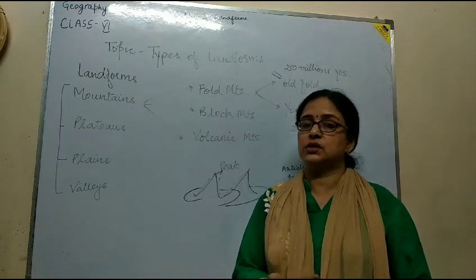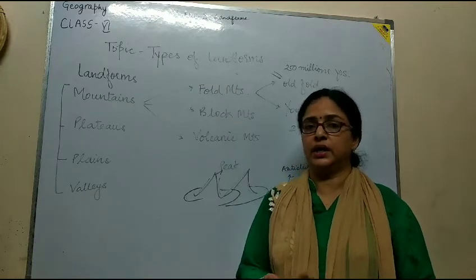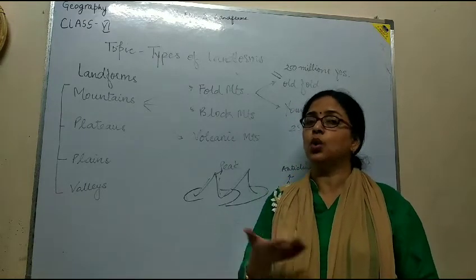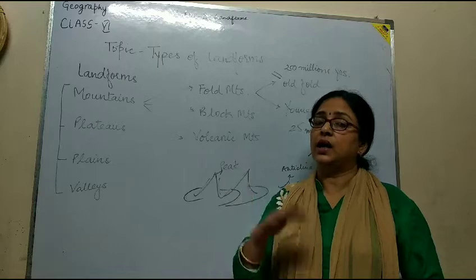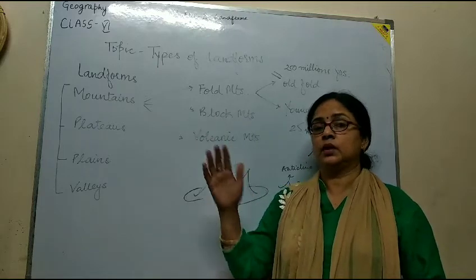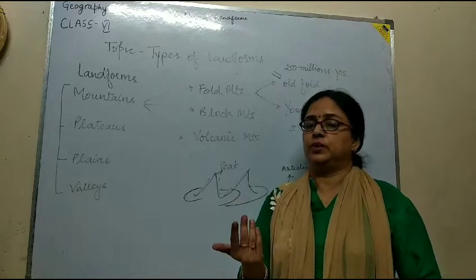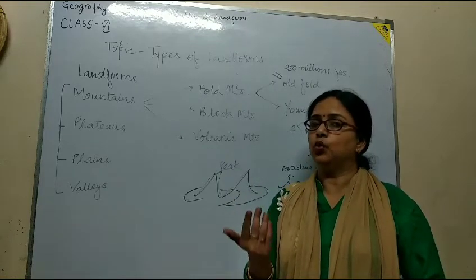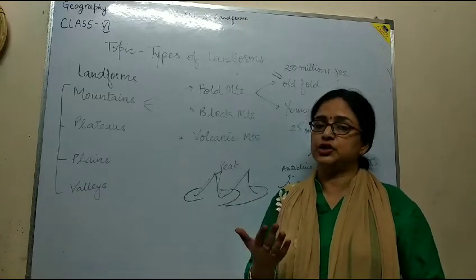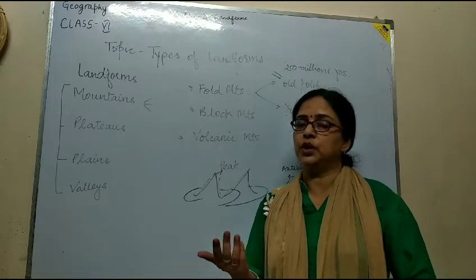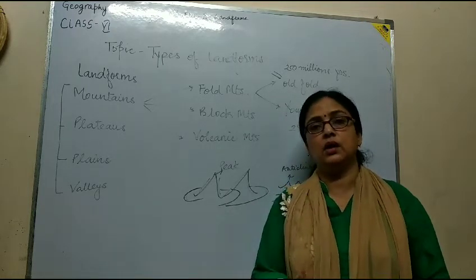The surface or relief of the mountain is not smooth or plain. They are uneven. Second, they are arc shaped. The fold mountains are arc shaped, and are constituted by sedimentary rocks.